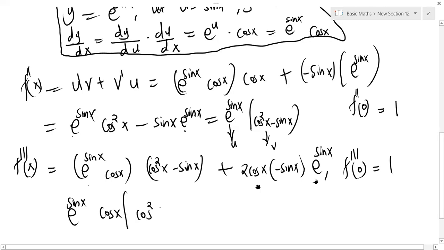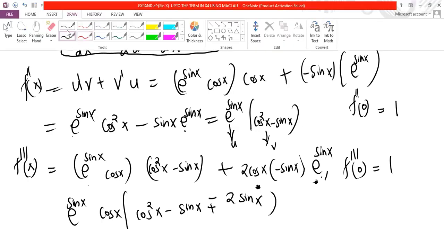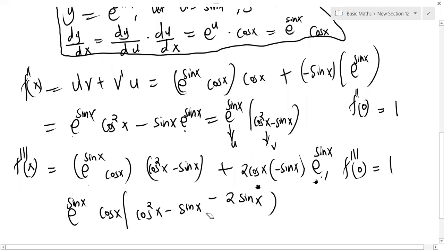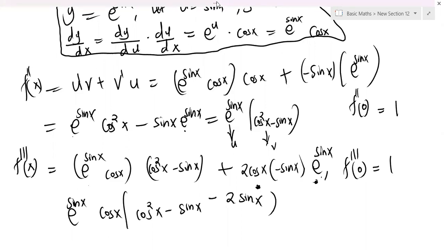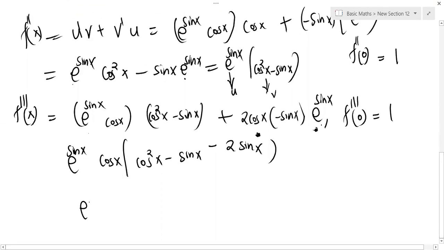So we have cos squared x minus sine x plus, we've factored out this, and actually it's minus 2 sine x. So minus 2 sine x and minus sine x, you can combine that. So this will give us exponential sine x cos x into cos squared x minus 3 sine x.